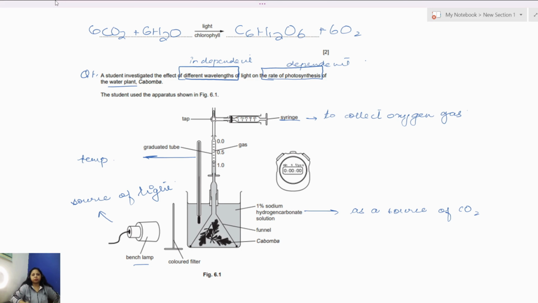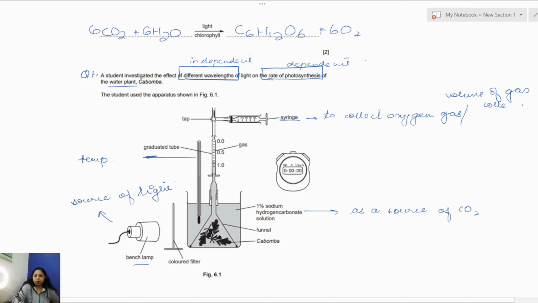How would we measure it? The volume of gas collected, or the number of oxygen bubbles. Because we are using a syringe over here, we have to write the same term as they have used in the question.